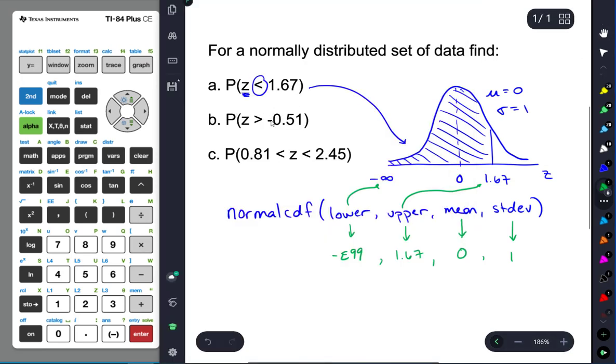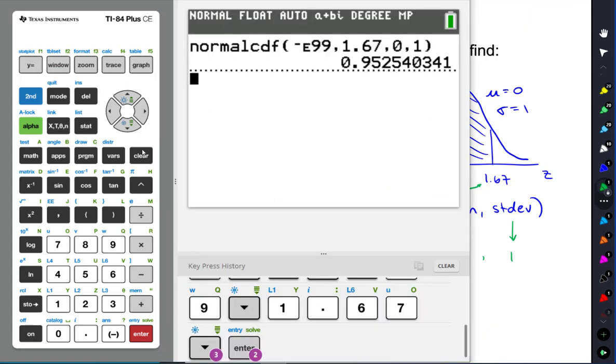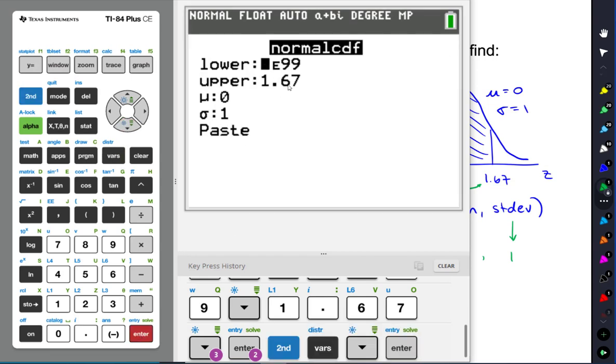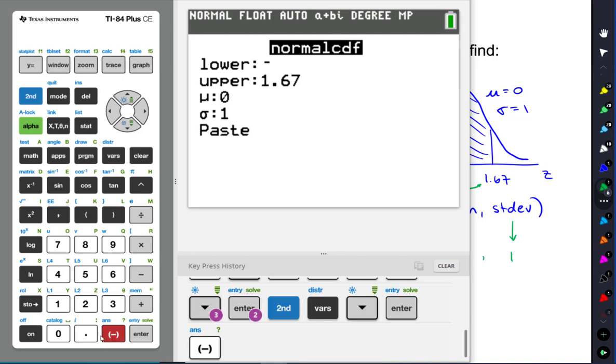All right, now the next one here, the probability that z is greater than negative 0.51. The only difference here is that because it's z greater than some value, this is an area to the right. And when we go to calculate this, we'll go back into the normal CDF function. But this time, because it's an area to the right, the lower bound is that value that's given of negative 0.51.